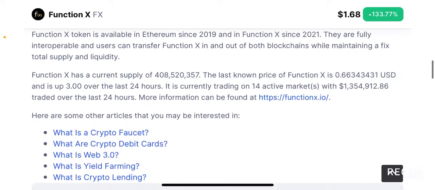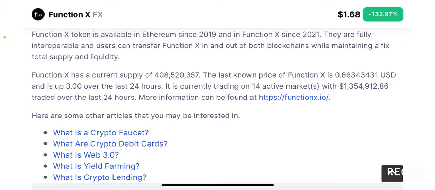So Function X token is available on Ethereum since 2019 and on Function X since 2021. They are fully interoperable and users can transfer Function X in and out of both blockchains while maintaining a fixed total supply and liquidity.